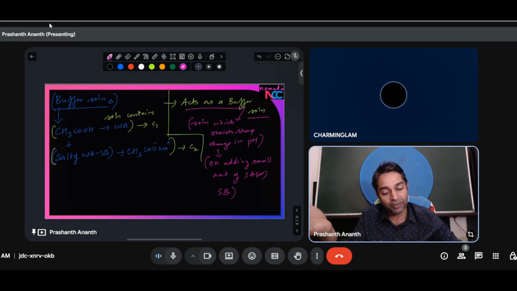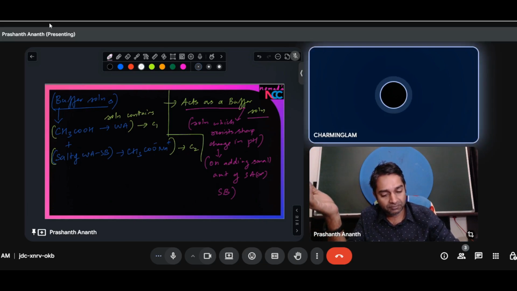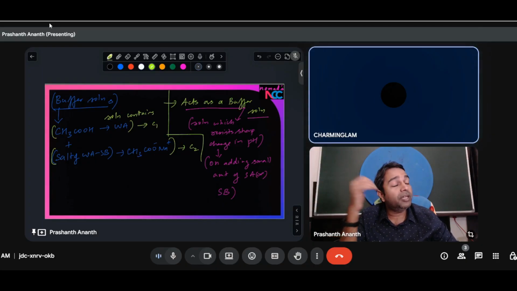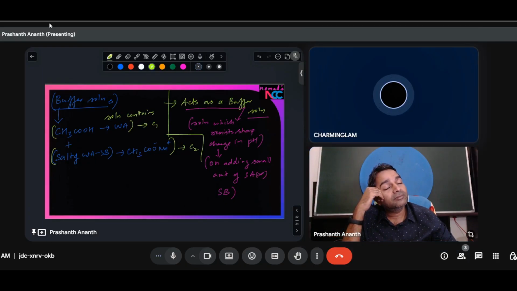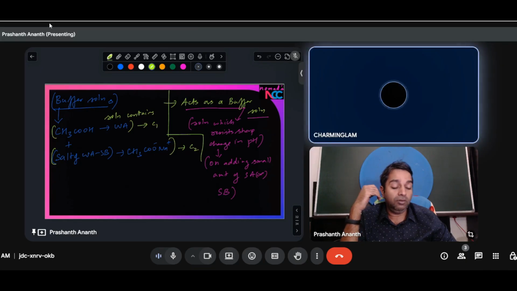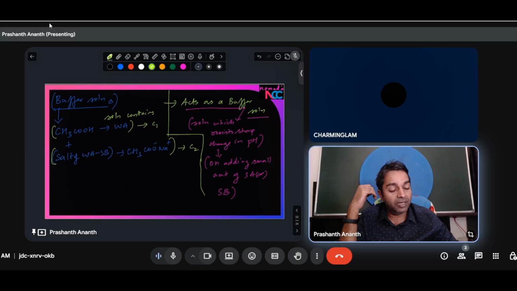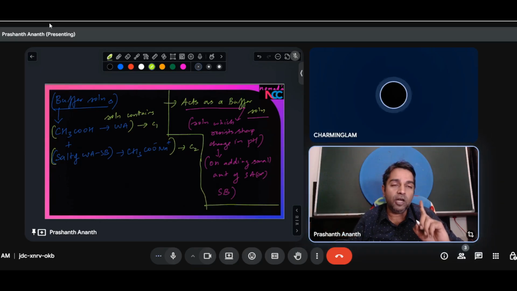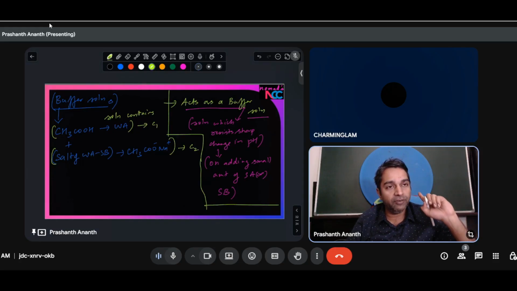Is it like electronics, the buffer solution? No, no, no. We are not going to be randomly talking about electronics. Stop, stop. Don't jump to nonsense. You are trying to connect things which you have not even learnt to stuff which you don't even know.